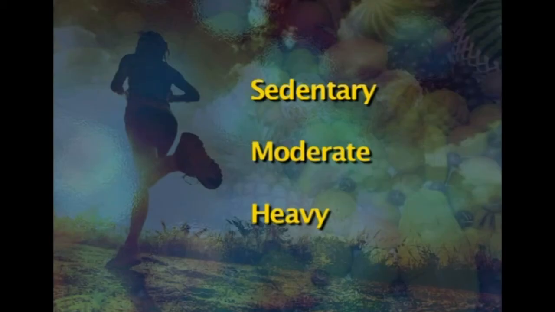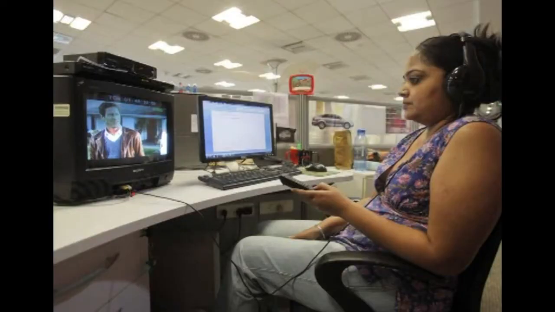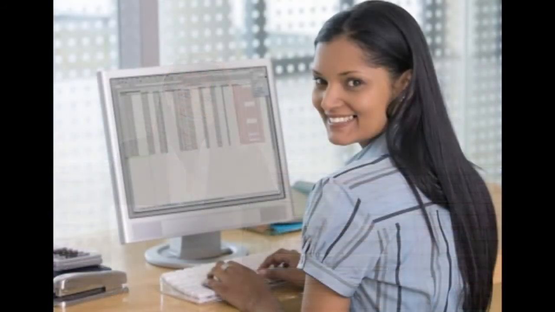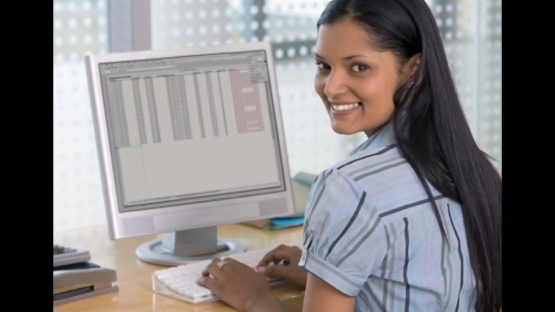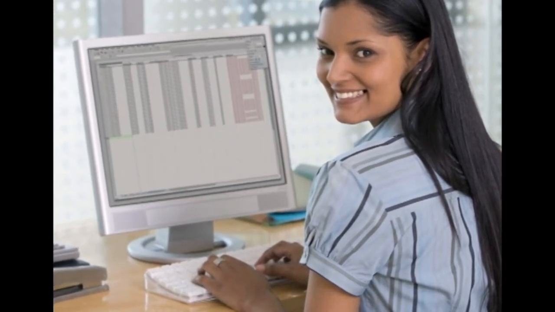Now, if we look at the level or the type of physical activity, they are generally classified under three components: sedentary, moderate, and heavy. As the name suggests, sedentary activity means occupations which do not require physical effort, where we spend most of the time sitting, for example, watching television, using computers like in office executives, or today when we typically look at the IT sector, where the working professionals are sitting at the table and doing the work.